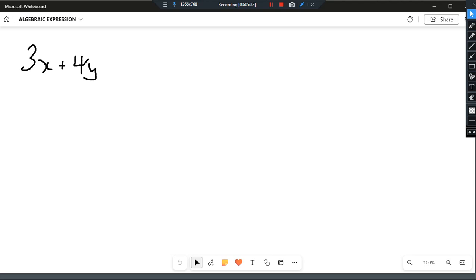So I can equally write this as 3x minus 4y. If I write this as 3x minus 4y, then I can say that this is a term on its own, and this is also another term on its own.